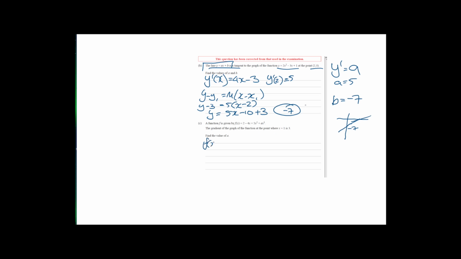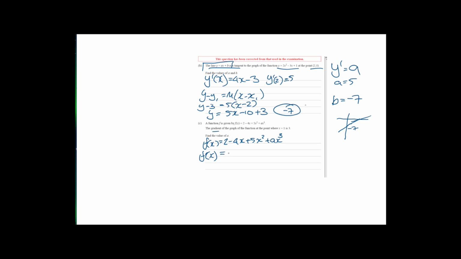Well, if f of x is 2 minus 4x plus 5x squared plus ax cubed, f dash of x, because we have to find the gradient, so we have to differentiate it.